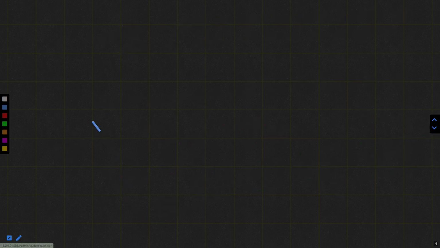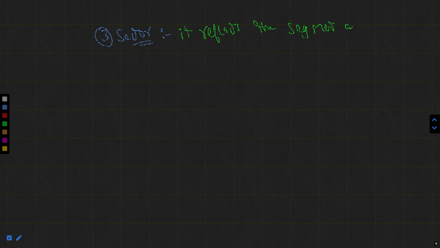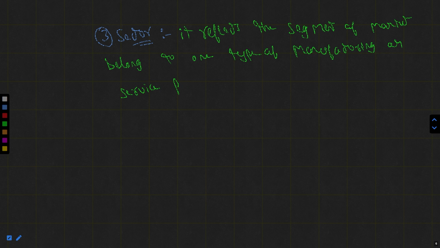Now what is the definition of sector? What do we understand by the term sector? It reflects a segment of the market belonging to one type of manufacturing or service provider.